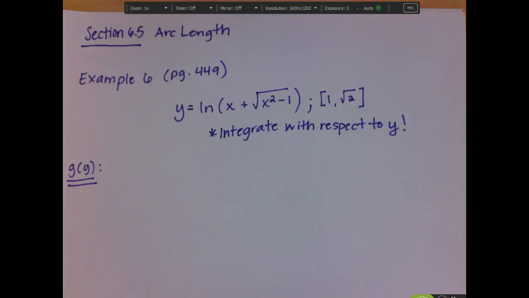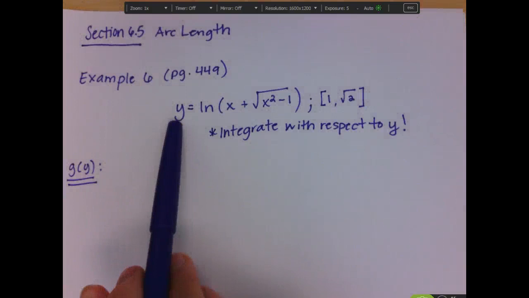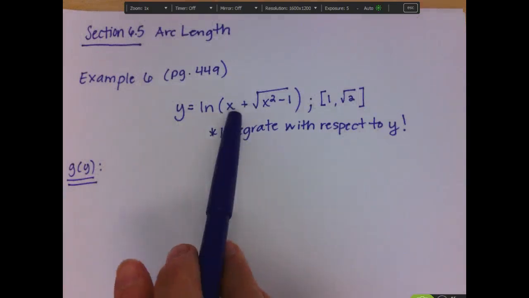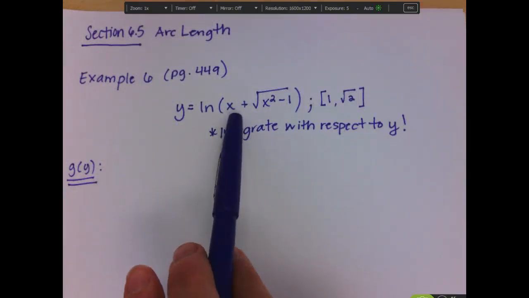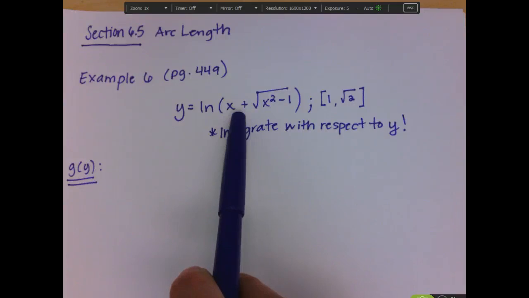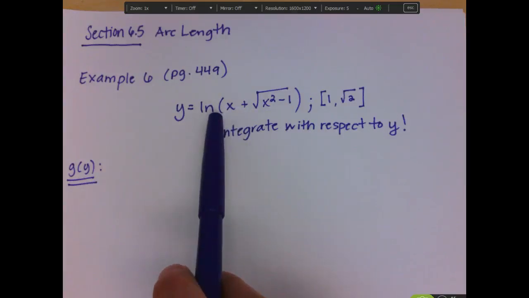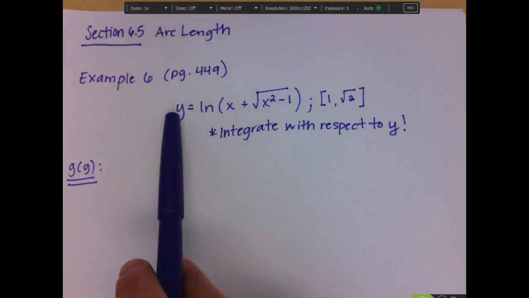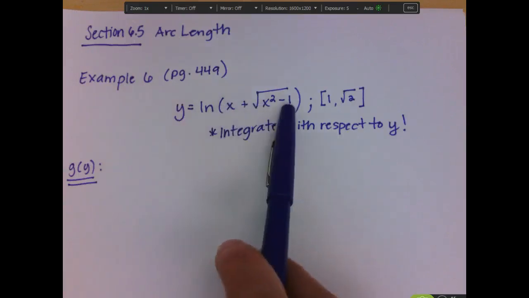If it's been a while since you've taken algebra, you may have forgotten how to find the inverse of a natural log function. What I mean to say is that we're going to use the base and raise it to the power of y, and it's going to equal the argument.